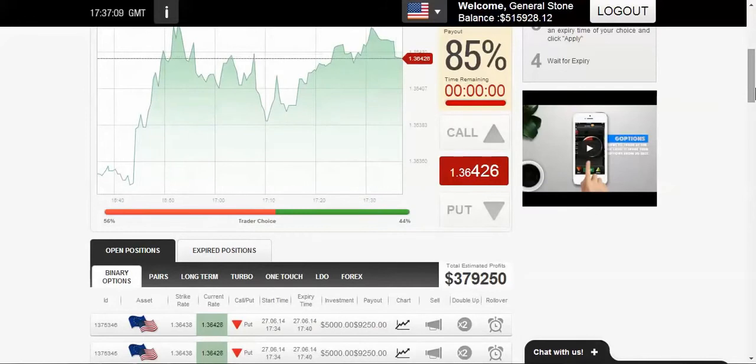So that's a huge potential return there, even more now. So $215,000 open risk with a potential return right now of an absolute huge amount.